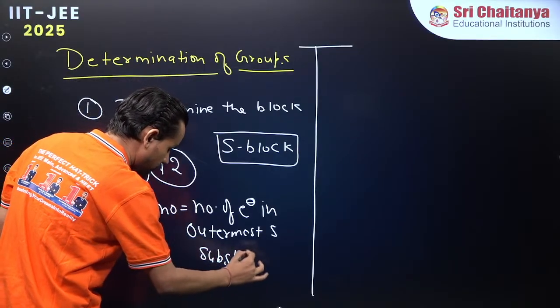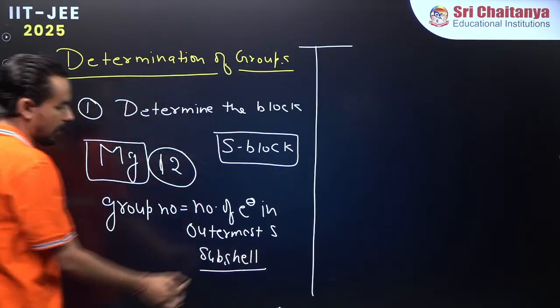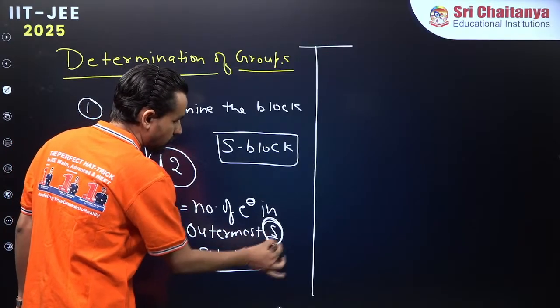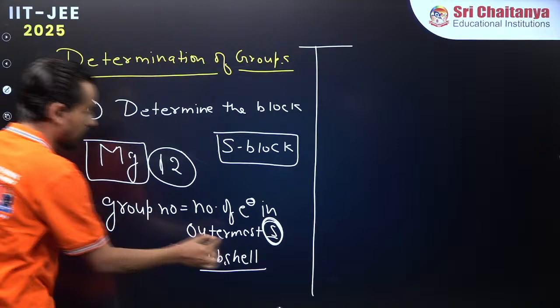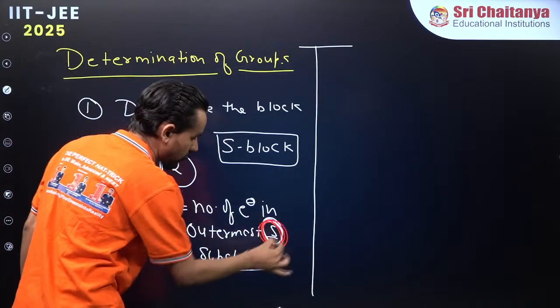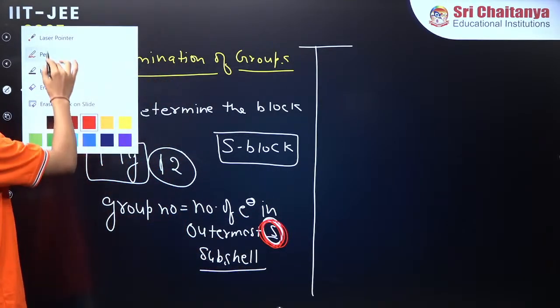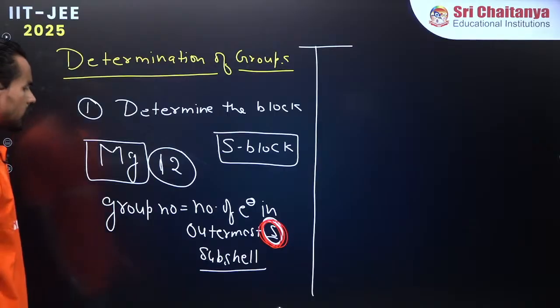Please be sure about this: I am talking about the outermost s only. That will be its group number.